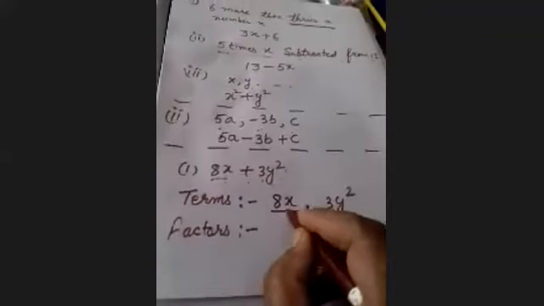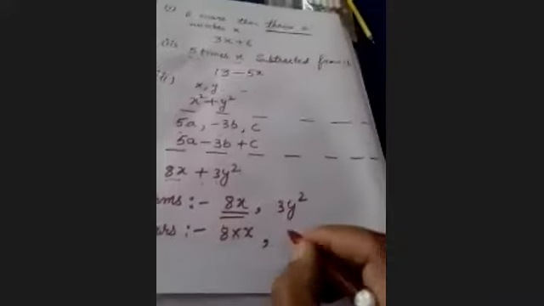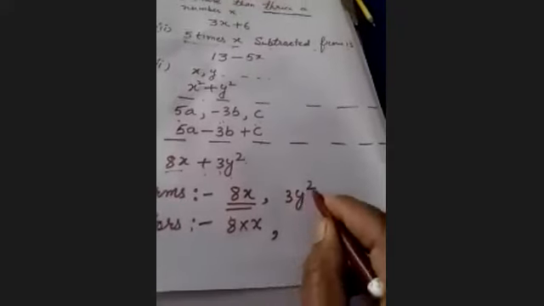Factors. In the first term, 8x means 8 multiplied by x. In the second term, 3y square means 3 multiplied by y multiplied by y.